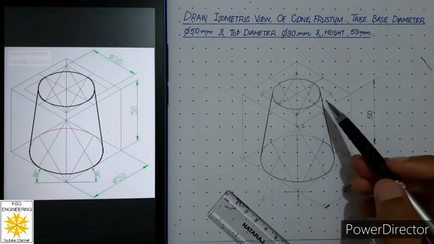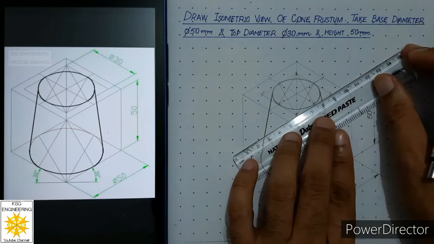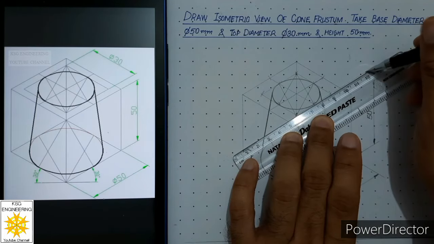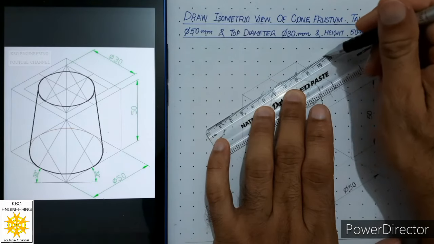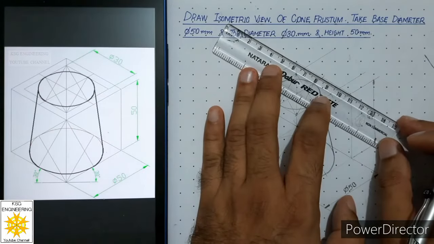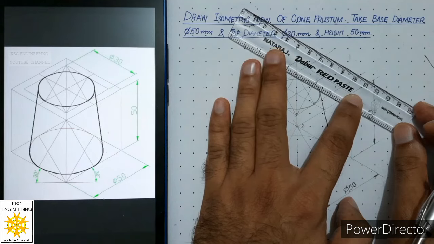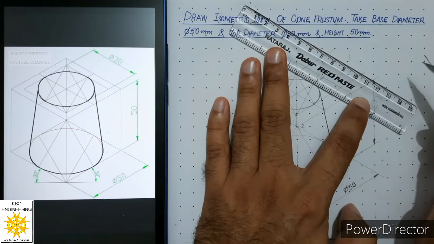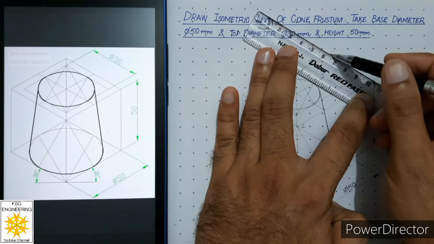Then we will place its top diameter. For that, align your scale with this isometric line, leave 1 millimeter gap, and draw a continuous thin line. Then align your scale with this isometric line, leave 1 millimeter gap and draw a continuous thin line, which is the extension line. Align your roller scale with this isometric line, roll back by 10 millimeters and draw a thin line in between these two extension lines.